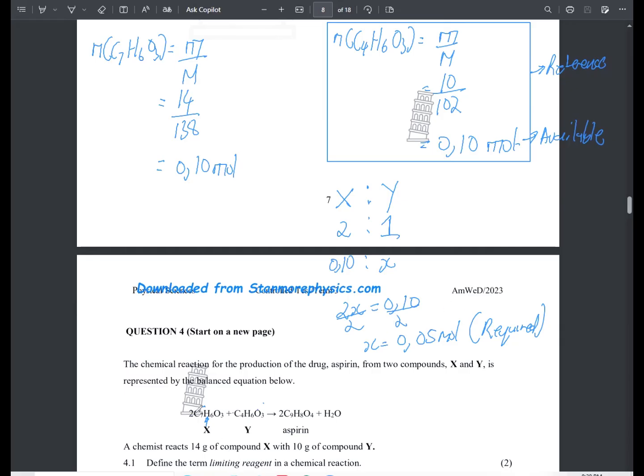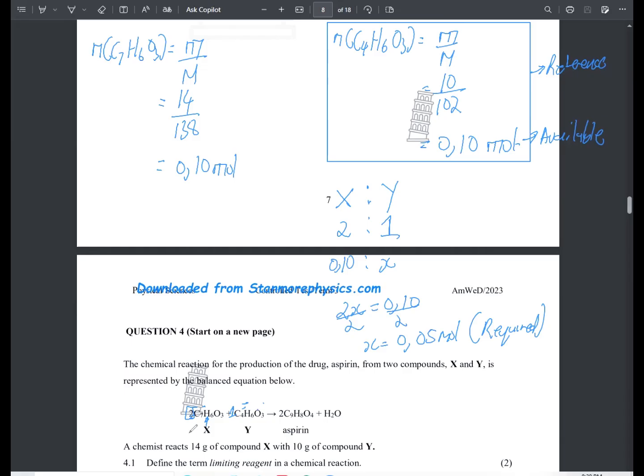Now, looking at the reaction, the reaction ratio already tells you, if this is going to bring 1 mole, this should bring 2 moles. This is going to bring 5 moles. This should bring 10 moles. So obviously, which one will be completely used up first? It is the one with the bigger ratio here. So the one with the bigger ratio would have to contribute more. In that 10, it will be used up completely.